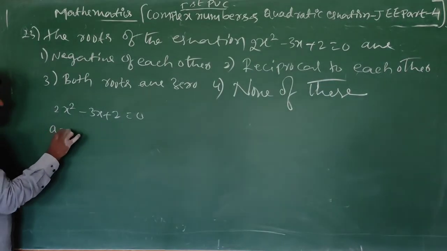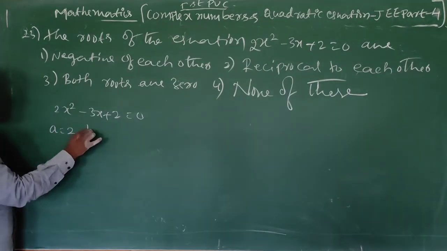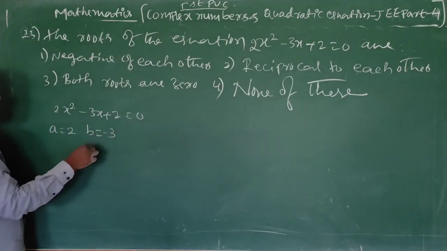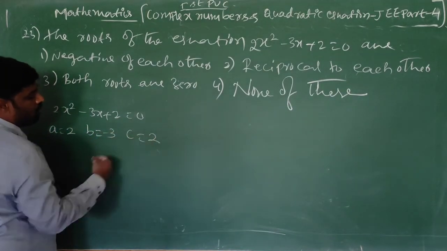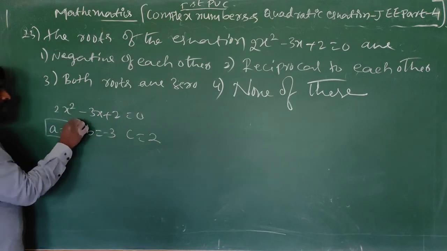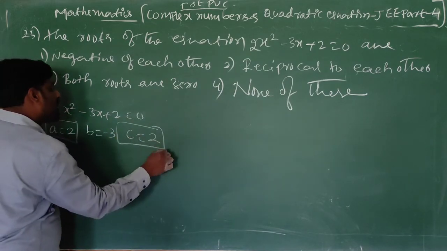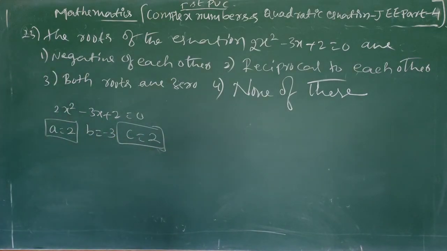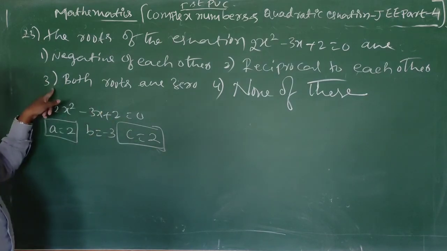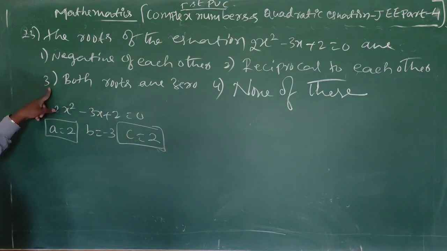What is the a value? 2. What is the b value? Minus 3. What is the c value? 2. Here a value and c value are the same, so don't tick the first option. This option is wrong.